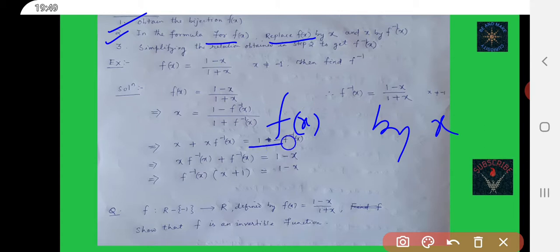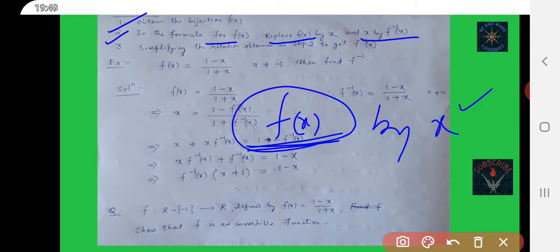You write x in the place of f of x, first step, and then x by f inverse x, and in the place of x you write f inverse x, then you simplify it.